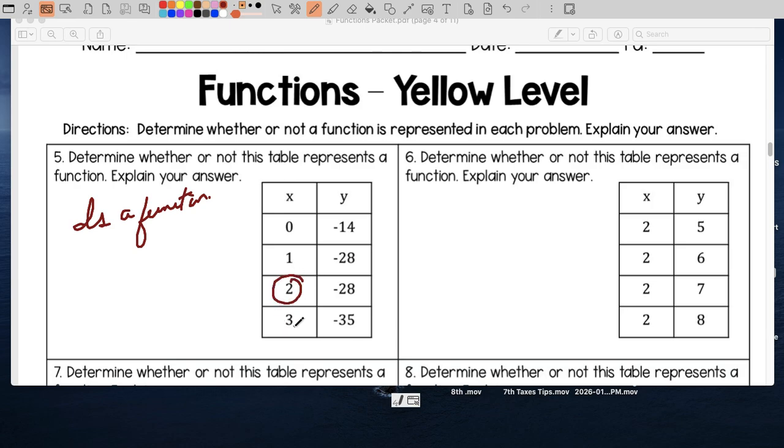Are there any other 2's in the x values? No. So as far as we know, anytime you input 2, -28 comes out, and only -28 comes out when you input a 2. So it is a function, because every input has one output.